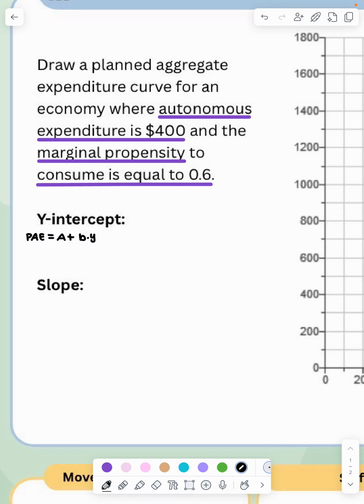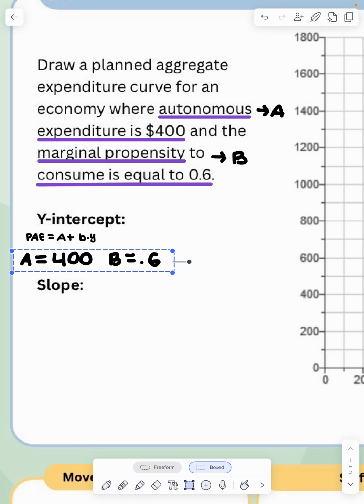We know that A equals autonomous expenditure, so A equals 400. We know that marginal propensity to consume is B, so B equals 0.6.